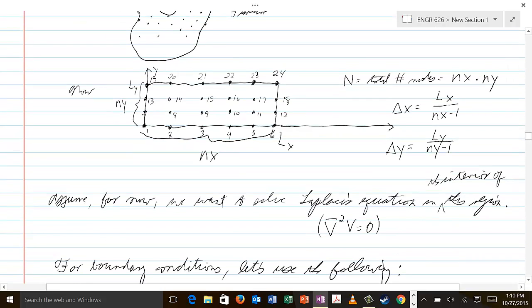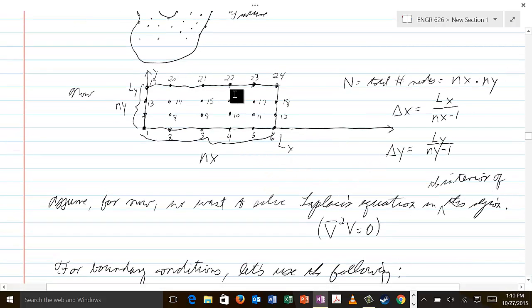And so let's look here at this problem. This is what your next computer project will be about, the solution of Laplace's equation over a rectangular problem domain.